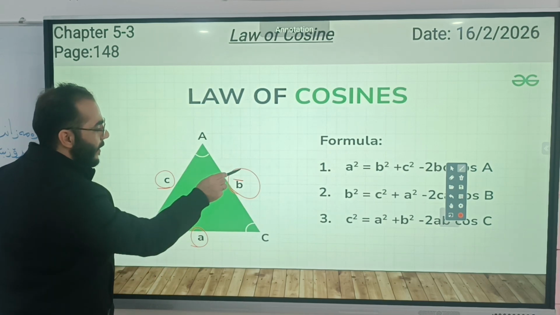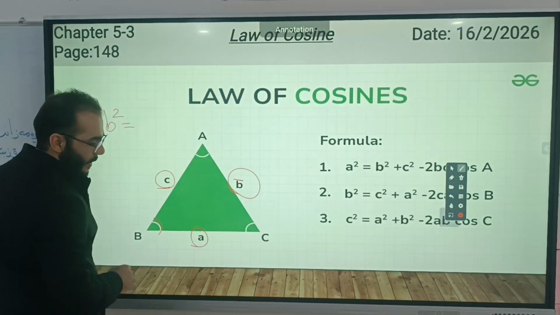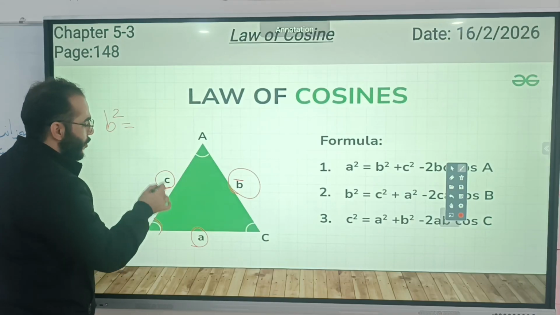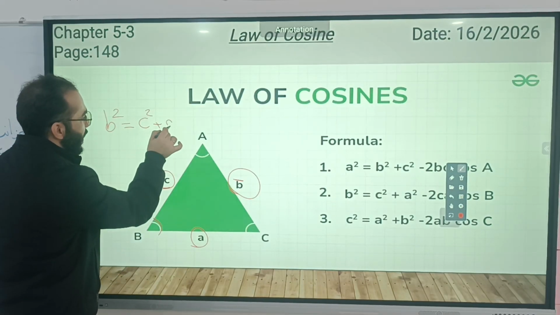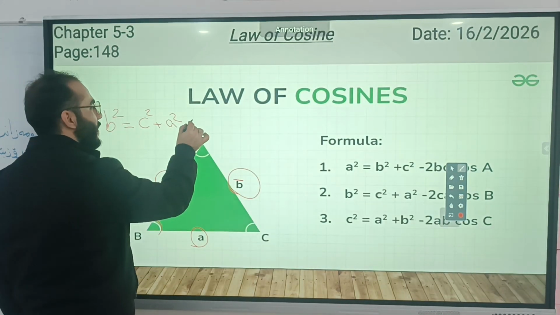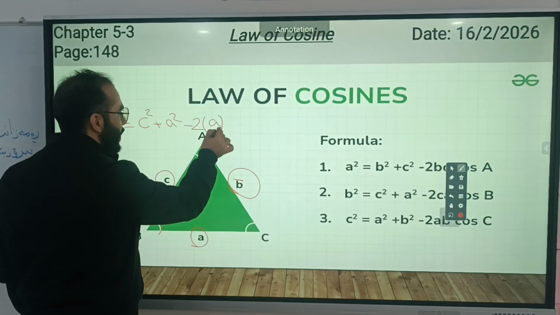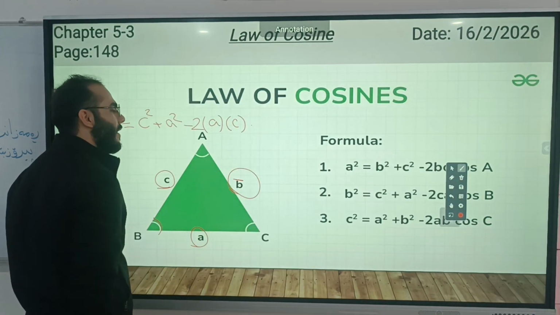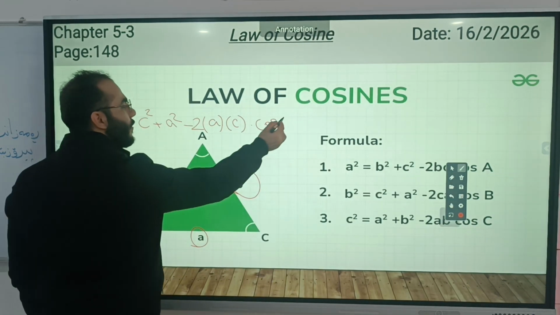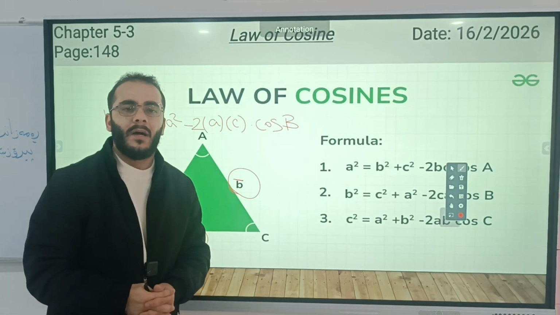Then we say the side that the question asks for is b squared, always squared, equals the sum of the squares of the other two given sides, c squared plus a squared, minus, and be careful, that minus is fixed, as well as this number, 2 times the given sides a and c, and at the end times the cosine of the angle between them, which is angle B. So cosine B. This is how we work with the law of cosine.